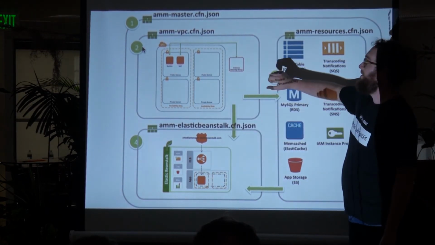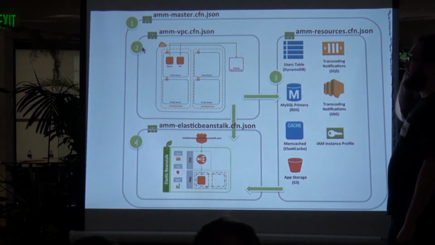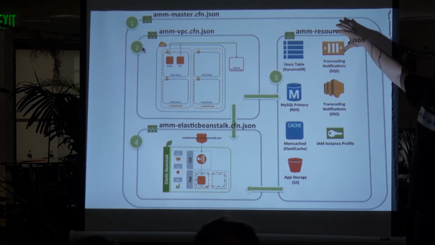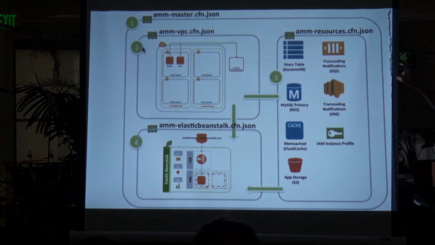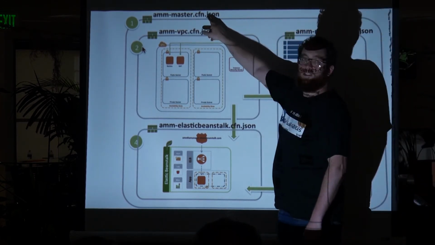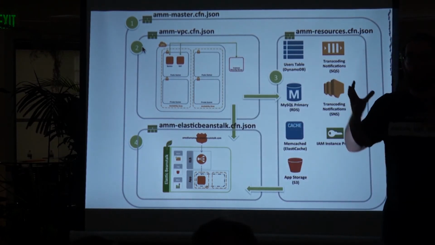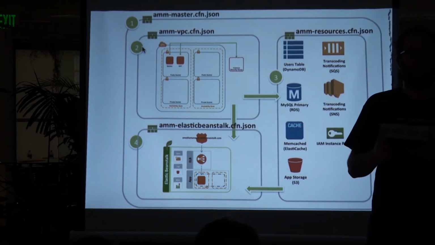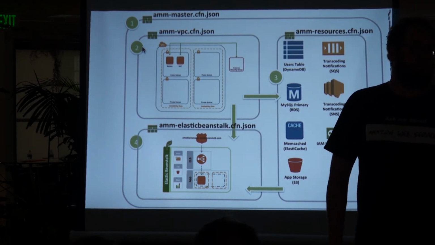CloudFormation also defines the network topology in a separate template, and the dependencies or other resources in another separate template. And then one template to rule them all is this master template, which declares these substacks and orchestrates this complex infrastructure into a version-controllable JSON document.